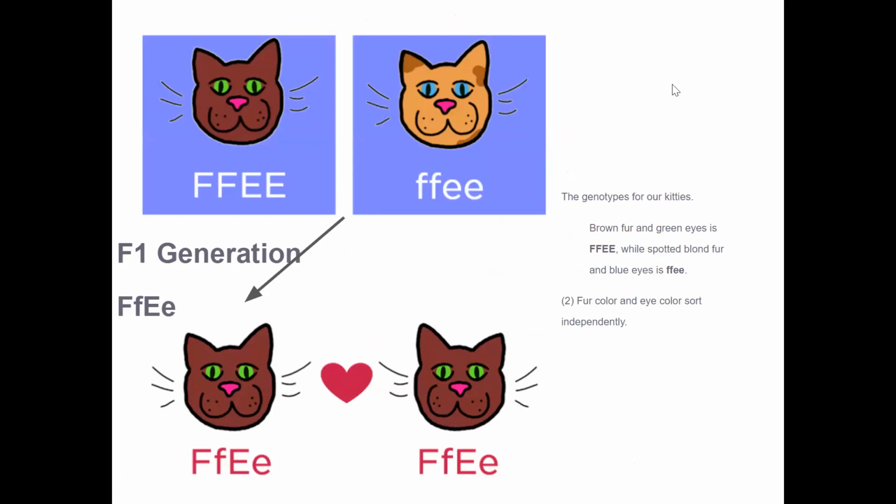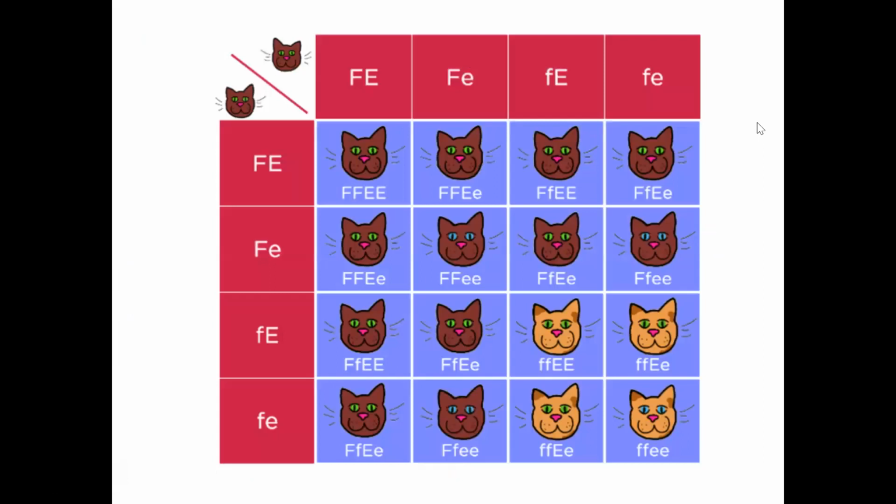Let's look at one more example, which is the cats here. We've got the one brown cat, which is FFEE, and then the ffee, the lowercase ones here. The F1 generation is going to be this, based on these two mating. Here are our combinations of the cats, based on the coat color and then the eye color.